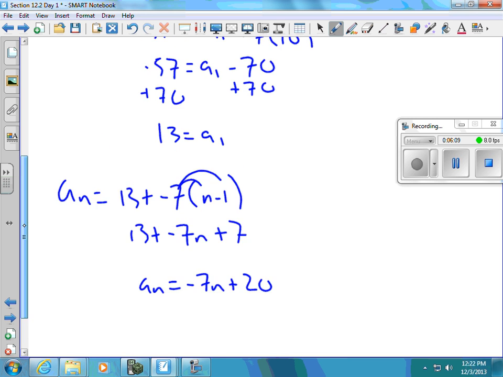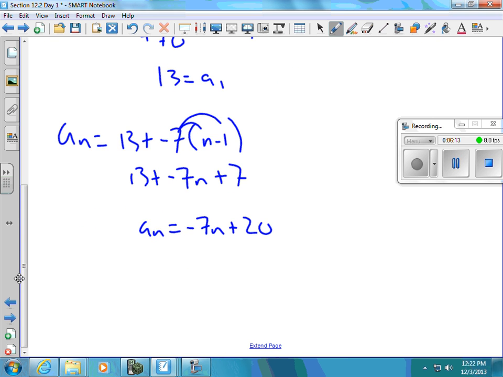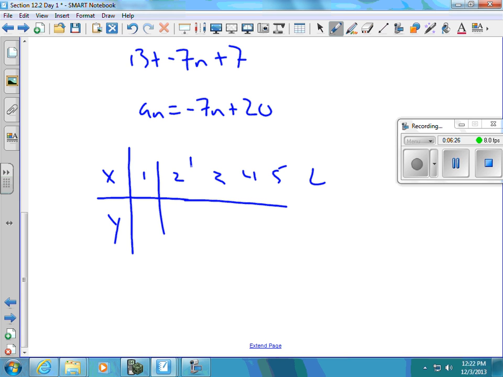There's the rule. What else do they want to know? It said graph the first 6 terms. I'm probably not going to make you do that in this class, but if you want to graph the first 6 terms, we need to make an x, y table: 1, 2, 3, 4, 5, 6. We find the first 6 values.